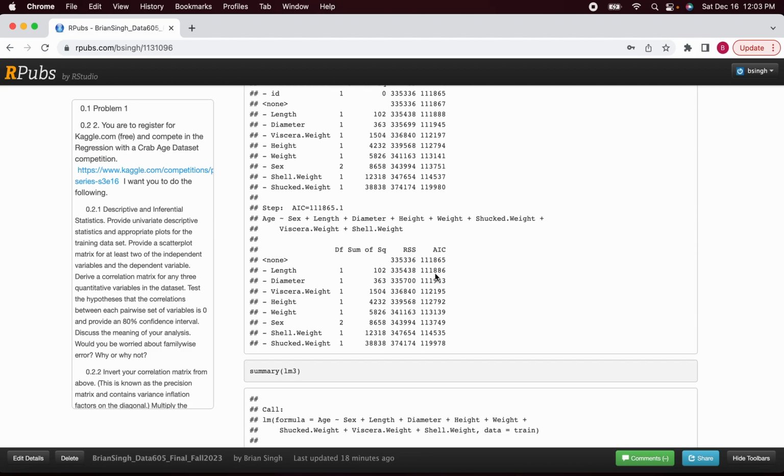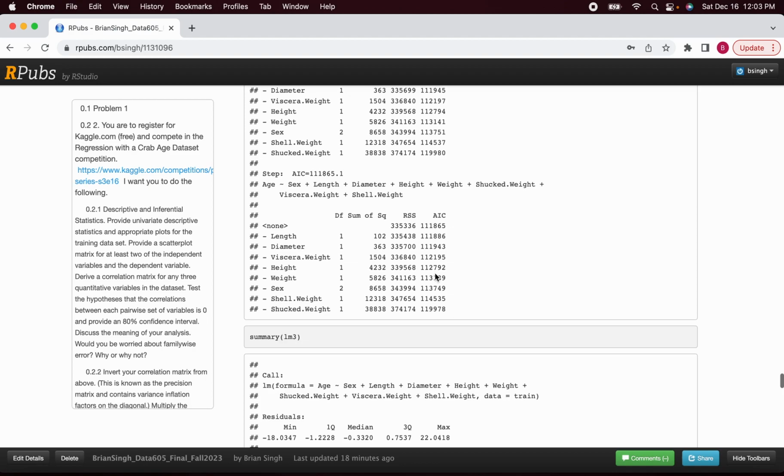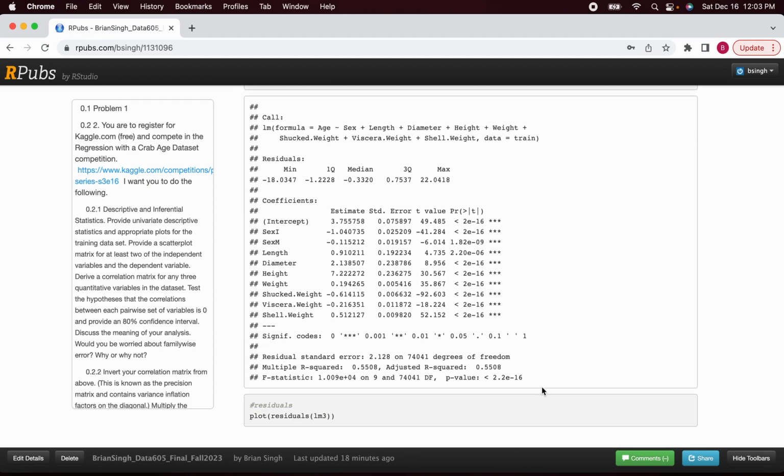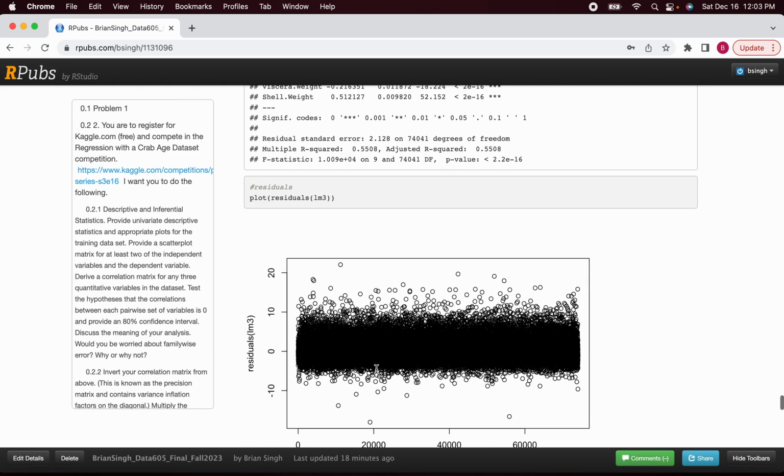So just taking a look at that, we can see that the model summary down here has a p-value well below the 0.05 significance, and the multiple R squared is okay. It's doing an okay job explaining variations in the estimators. And I plotted the residuals here.